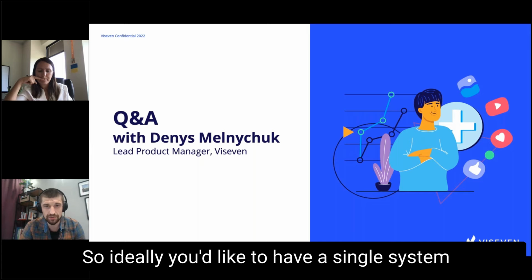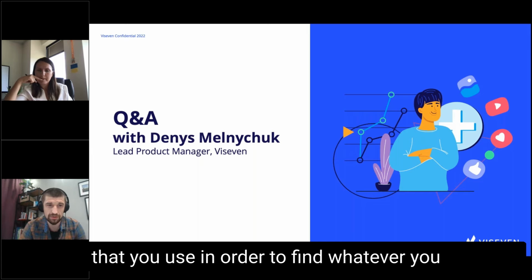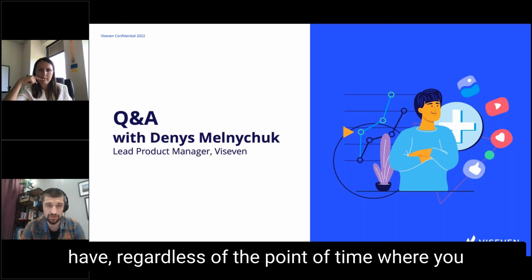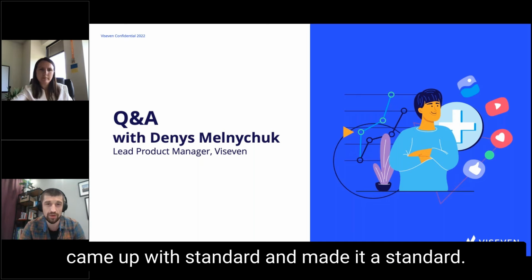Ideally, you'd like to have a single system that you use in order to find whatever you have, regardless of the point in time when you came up with the standard and made it a standard.